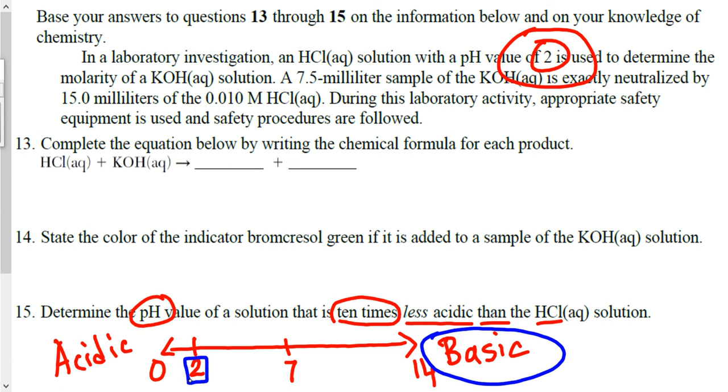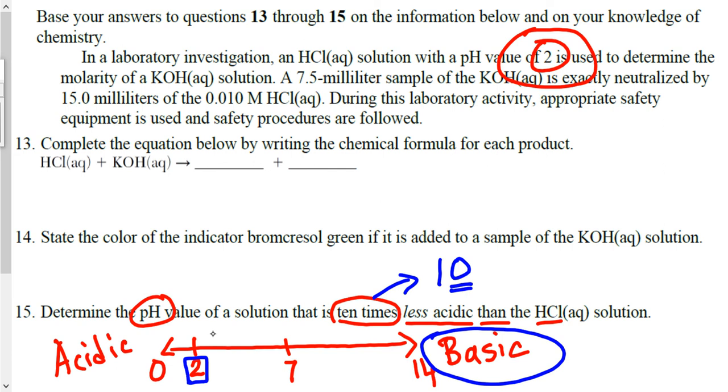Since it says 10 times less acidic, that's the factor. And if you look at the factor, after 1, we only have one 0, right? 10. Therefore, we need to remember that each pH unit signifies a tenfold change. So if there is only one 0 after 1, that means the difference between those two solutions in terms of pH is going to be only 1.